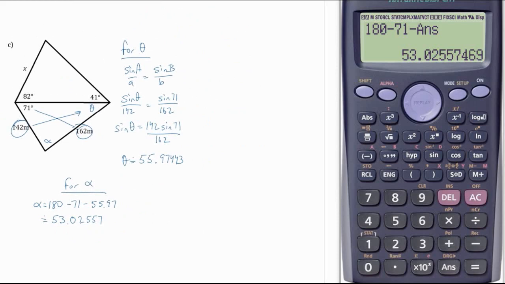Now I know alpha, and I'm going to use sine law again to find this side, which I'll call y. So I'm going to come over here and do it for y. Sine law, looking for a side length, so side length on top.